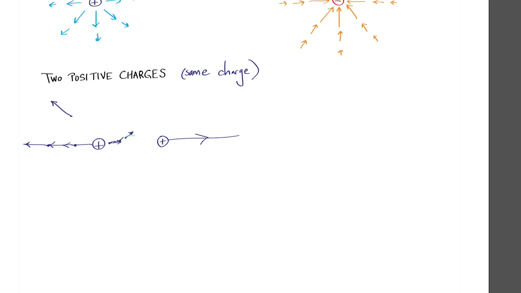And so if I connected a whole bunch of points, I might get a field line that looked like this. Another one that looked like that. There would be an analogous one going downwards.